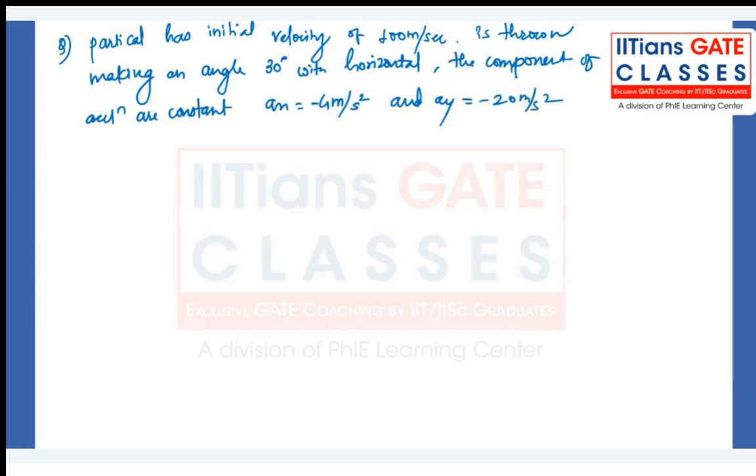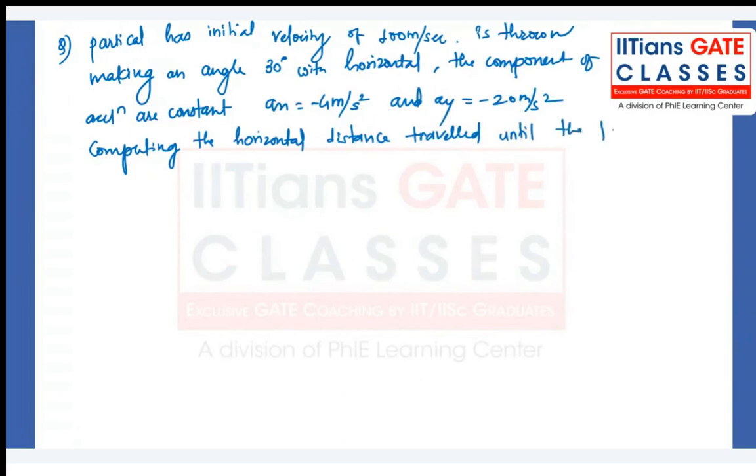Here they have given ax also. Compute the horizontal distance traveled until the particle reaches 60 meter below its original elevation.